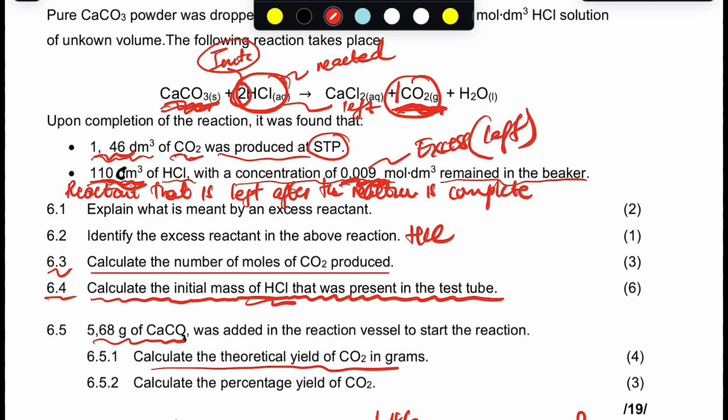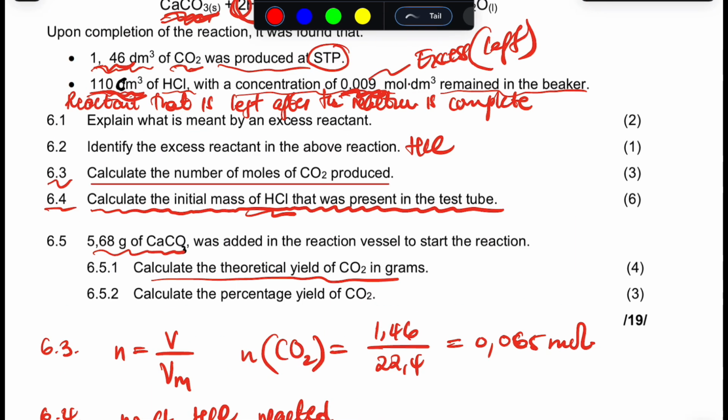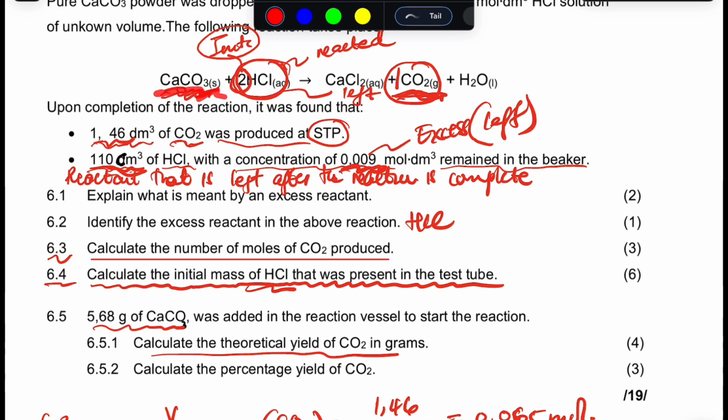So this is the amount of calcium carbonate reacted. The amount of calcium carbonate reacted is going to give us the amount of carbon dioxide produced, sorry, not reacted, the amount formed. So we're going to do the mole ratio, and it is 1:1.